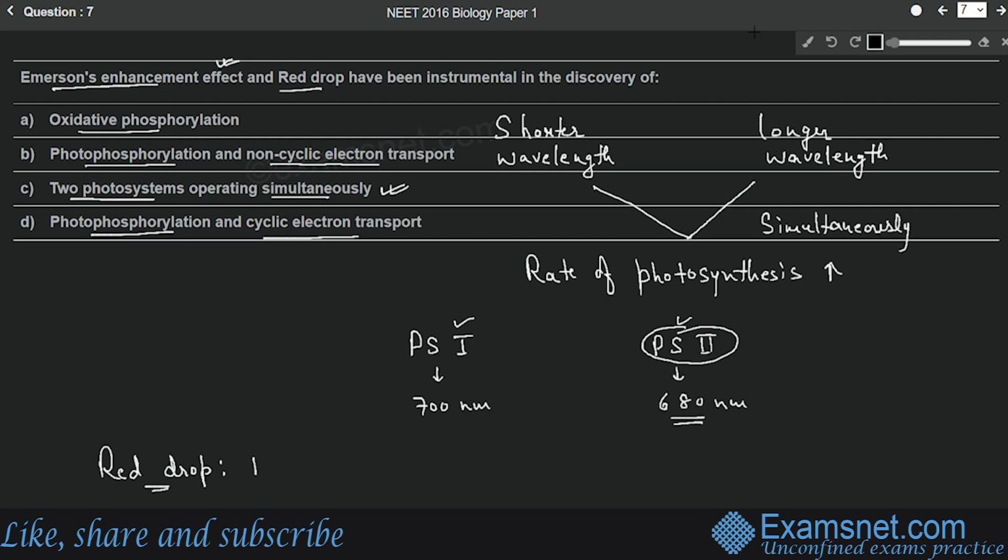Occurs due to decreased functioning of PS2 beyond 680 nanometer. Therefore, the correct answer will be option number C, two photosystems operating simultaneously.